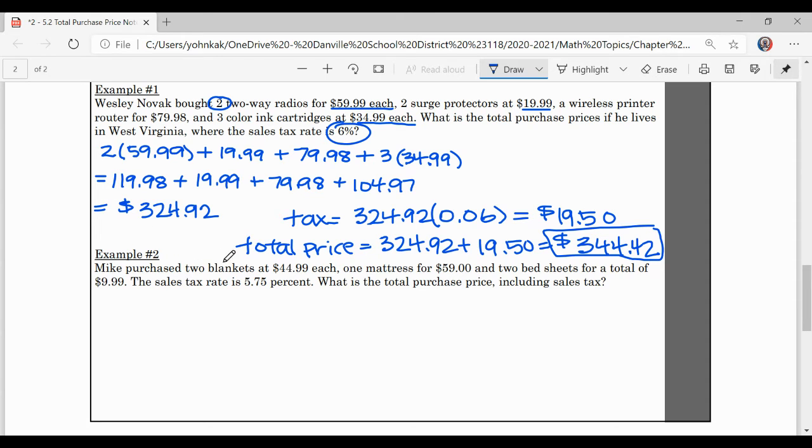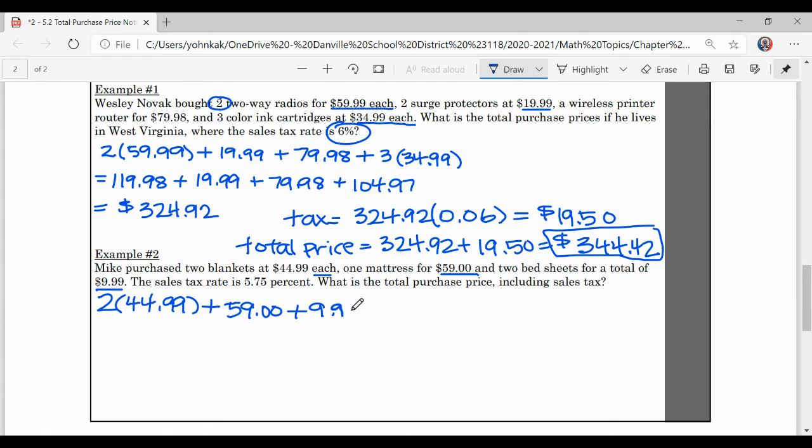Mike purchased 2 blankets at $44.99 each. So the word each is there, so I can multiply 2 times $44.99 plus 1 mattress for $59, plus 2 bed sheets for a total of $9.99. So they're not $9.99 each.